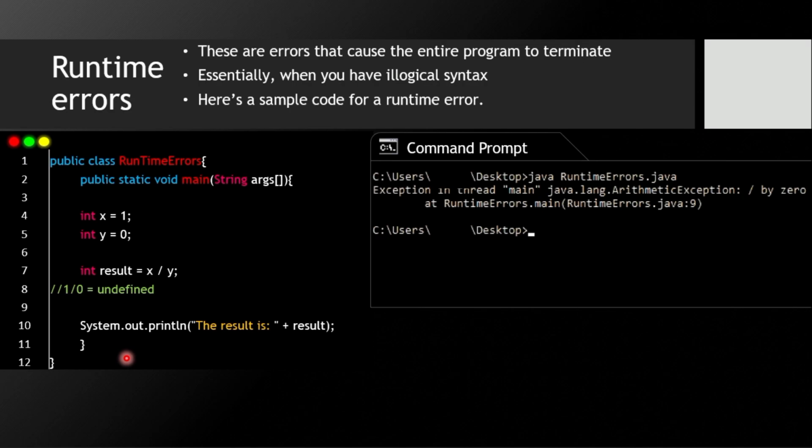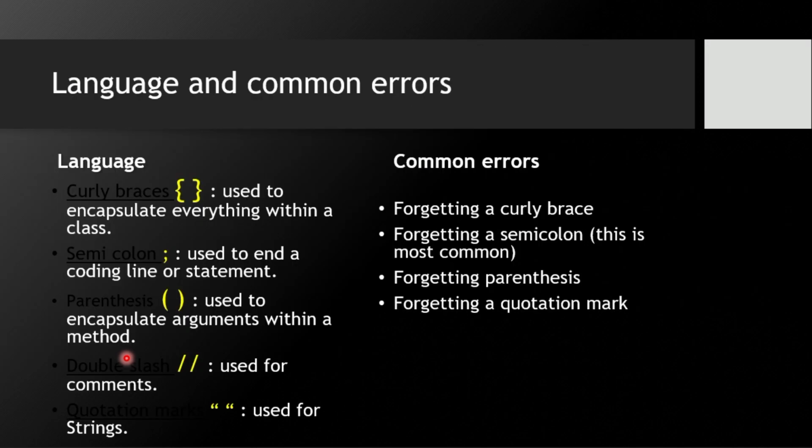You are most likely to get an exception in thread main because you have used illogical syntax of what essentially is supposed to be. So just to recap on what runtime errors are, these are errors that cause the entire program to terminate. Yeah. So with that being said, let's go to our language and the types of common errors that programmers make.